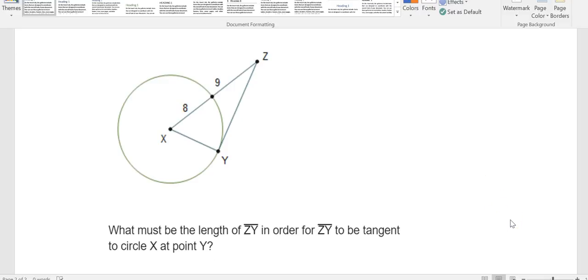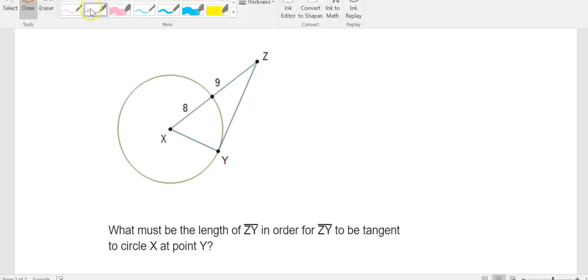Okay, on this next problem, it says, what is the length of ZY in order for ZY to be tangent? Again, if it's tangent, that means this is perpendicular.